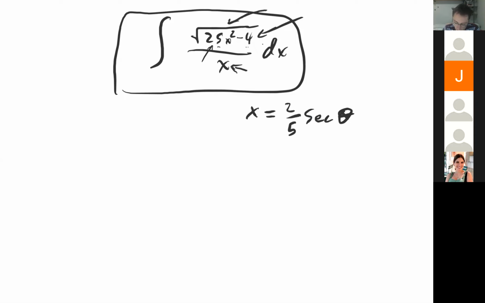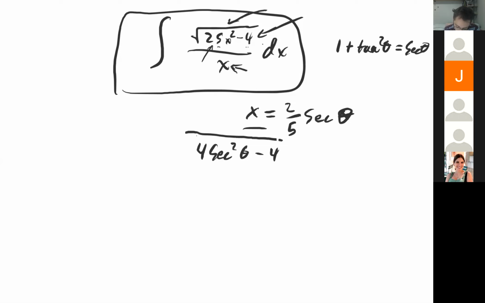right? Because you know that, or you should know that 1 plus tan squared theta is equal to secant squared theta. Okay. So that gives you, so let's plug this in. You get 4 secant squared theta minus 4 square root divided by 2/5 secant of theta.